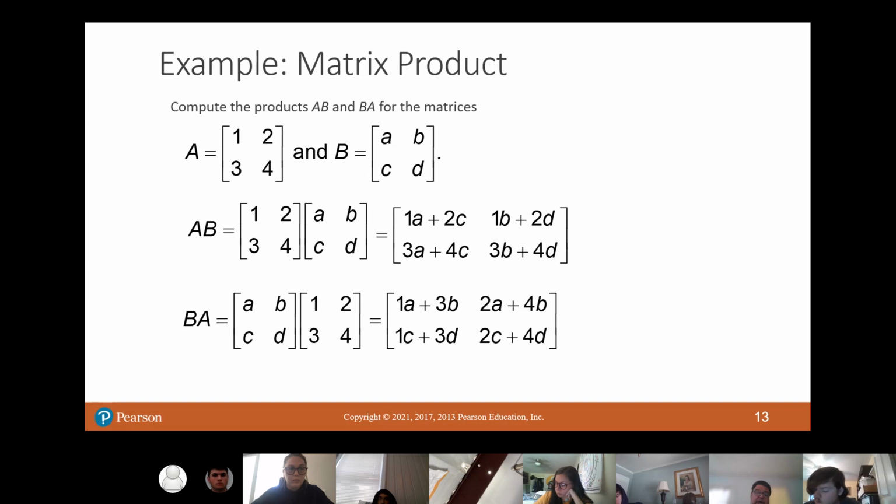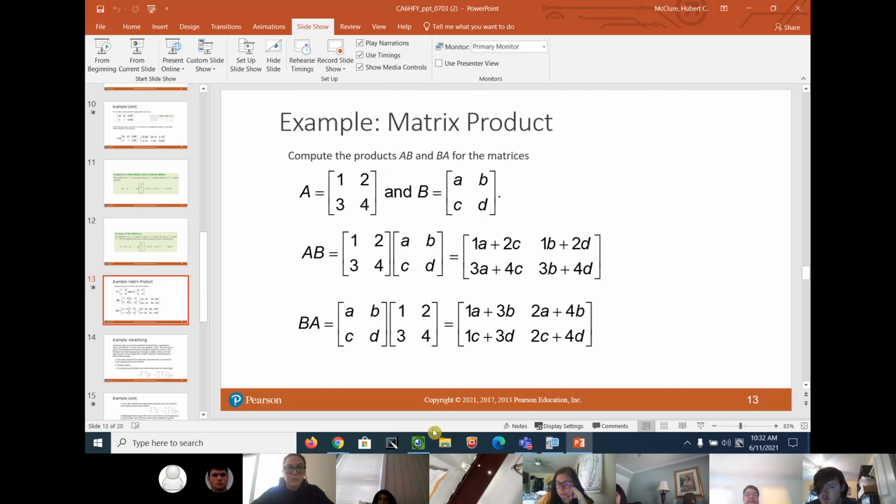And we got 1, 2, 3, 4, and A, B, C, D. And remember, row and column.